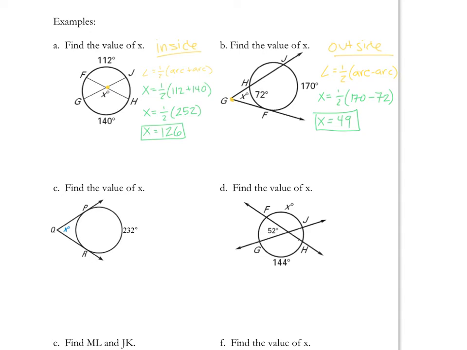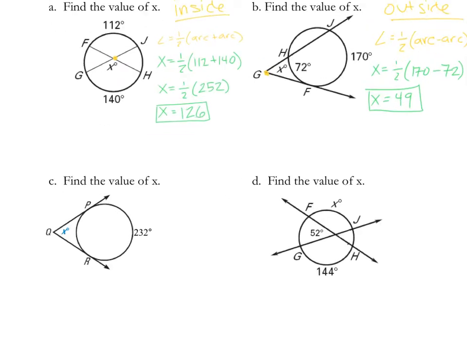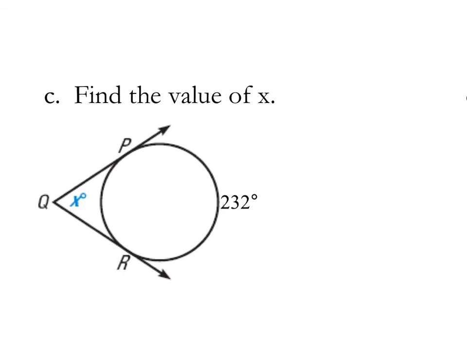Alright. These next two are a little bit more challenging. And the reason is because they just don't have all the parts. So if you see P and R are tangents, so you are going to have to take 360 minus 232, because I know that this is 232, and this inner part is going to be the exact, if you add up the red and the blue, you're going to get 360.